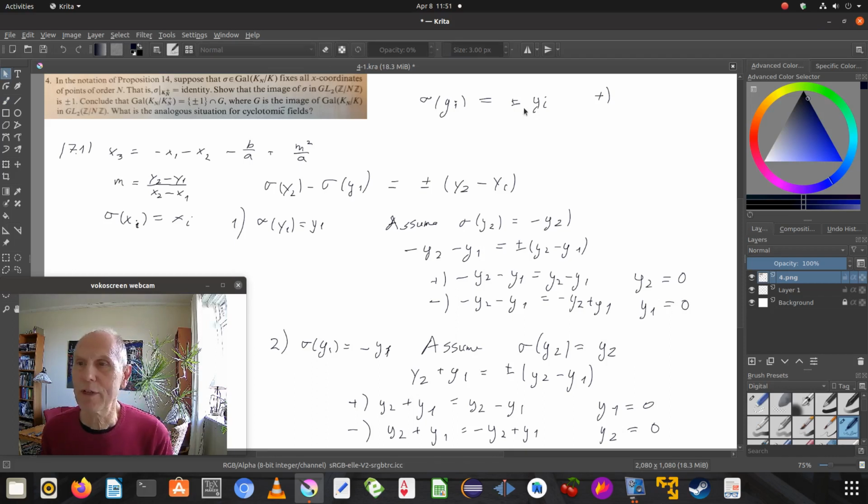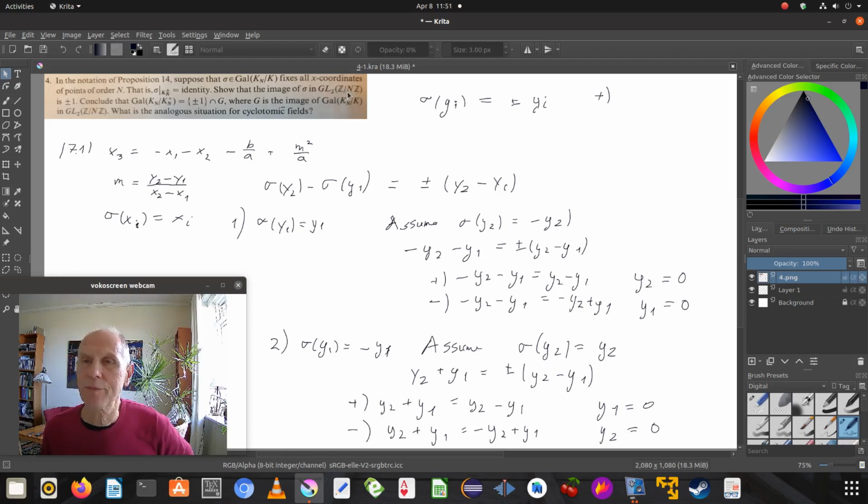And if it's minus, then the extension is quadratic and they all change sign. And then we have to look at the points to get into the GL2N representation.